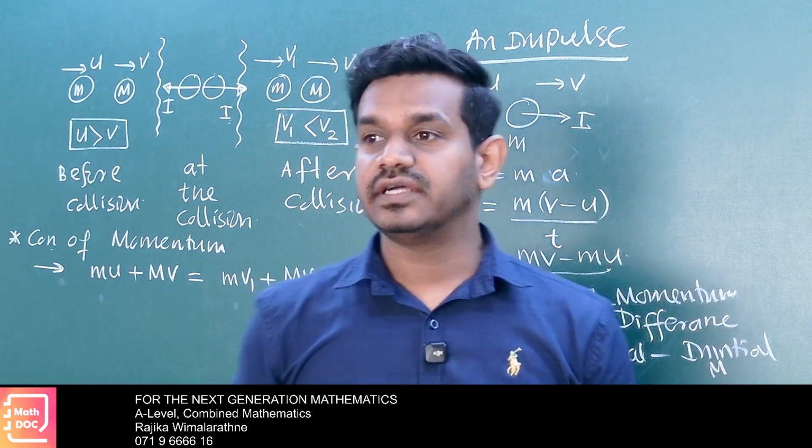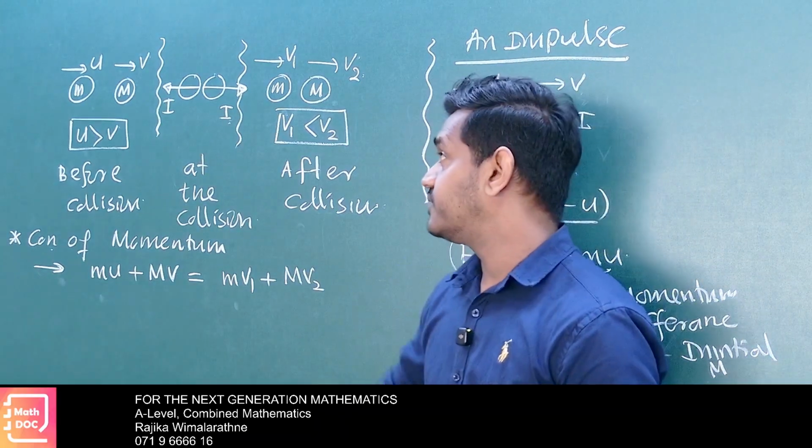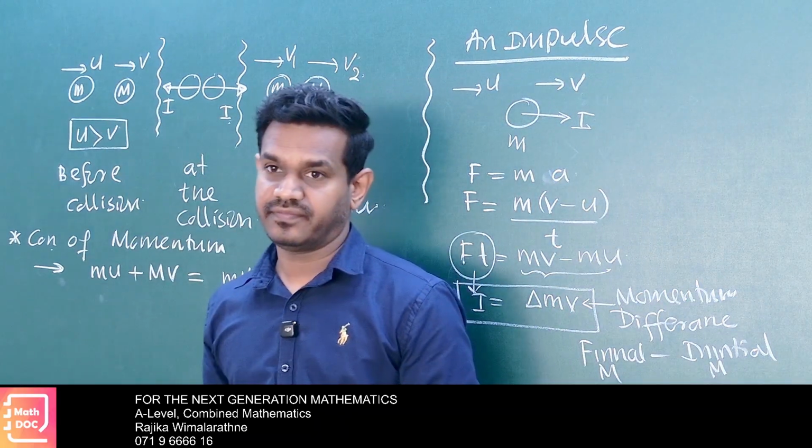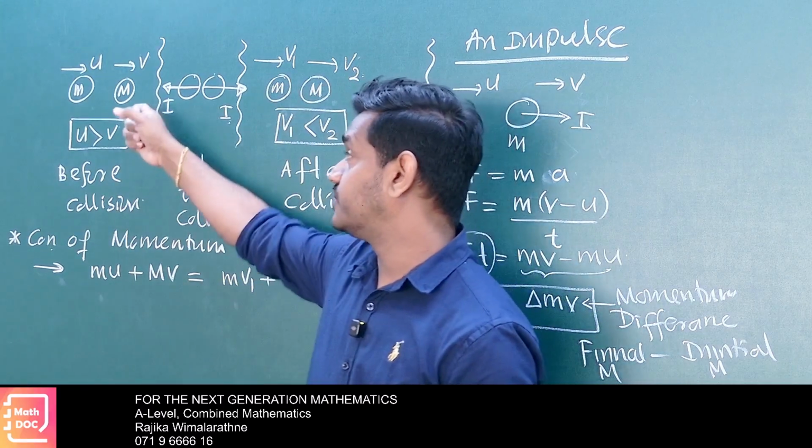The collision occurs when u is greater than v.